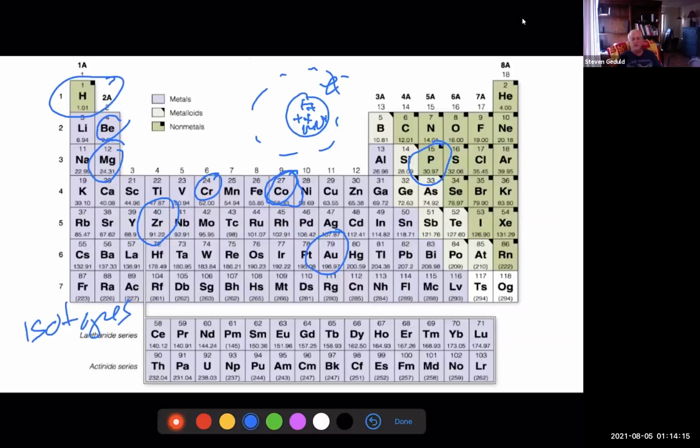Isotopes are elements that have the same number of protons but a different number of neutrons. So they're the exact same element, but they have a different mass, and they're found in nature at different percentages. Depending on which percentage of each you have determines the average atomic mass. We use these numbers in calculations of molecular weights and all kinds of things.